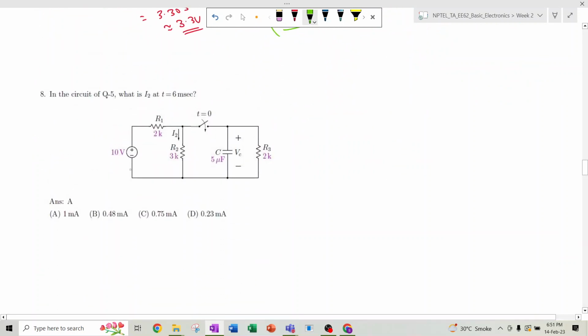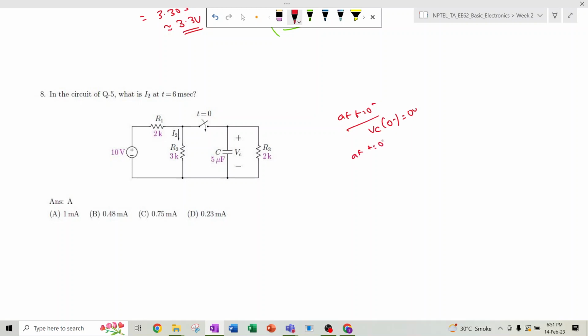Similarly, in the next question it is asked what is the value of I2 at t equal to 6 millisecond. At t equal to 0 minus, the voltage across the capacitor is 0 volt. At t equal to 0 plus, it is the same, 0 volt. So Vc(0−) equals 0 volt.